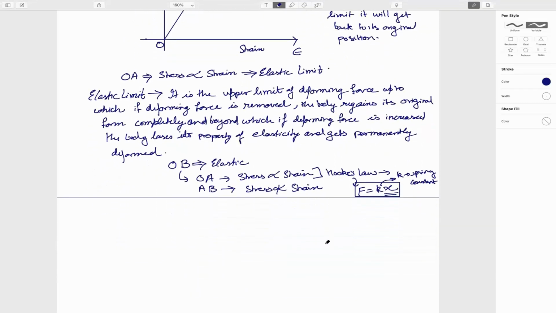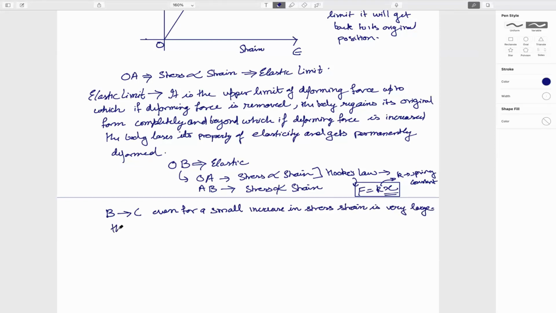Now what is happening after B? Let's think about it. When we go from B to C, even for a small increase in stress, strain is very large.